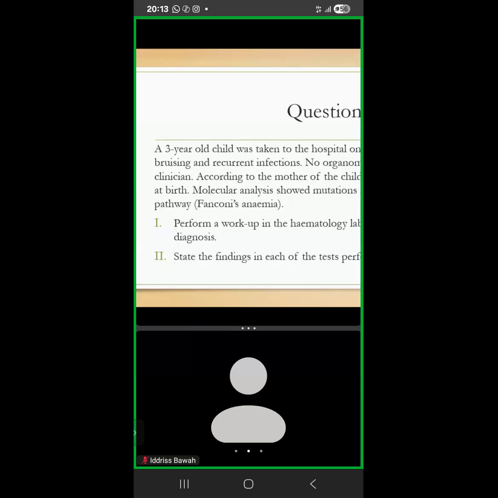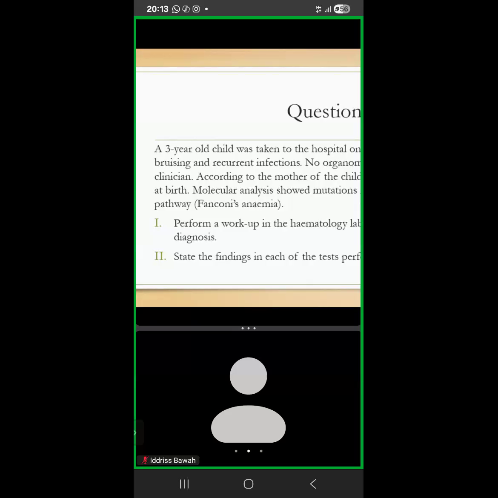Just at times, the red cells are macrocytic. And so that is information. Red cells may be normal looking or slightly macrocytic. The white cells and the platelets will be normal morphology.